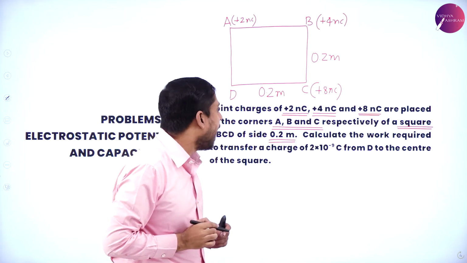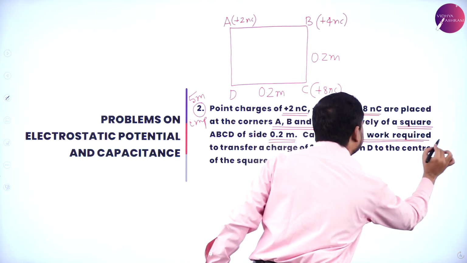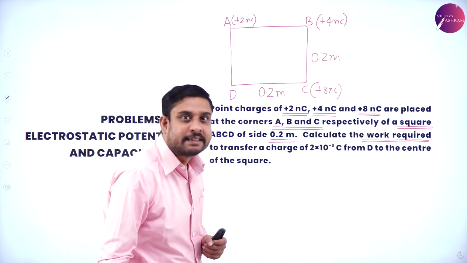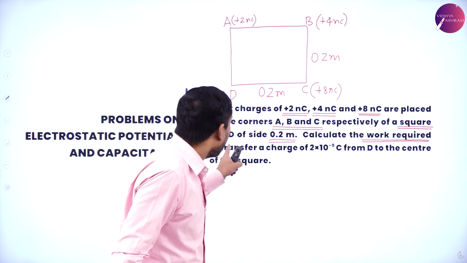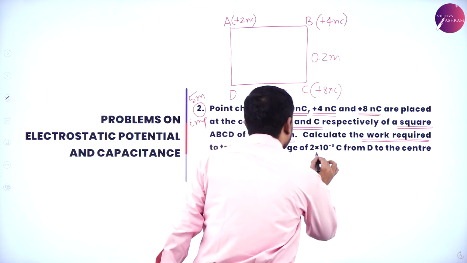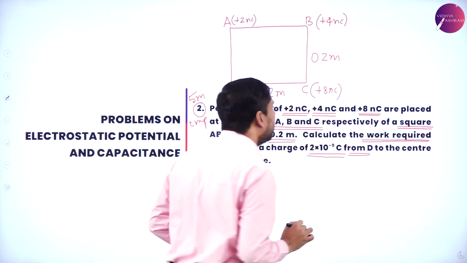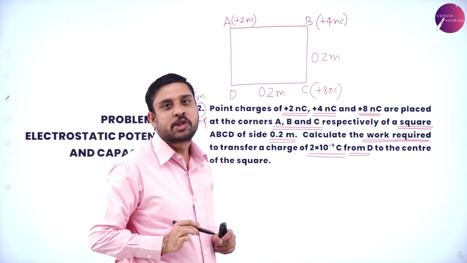I have to calculate the work required, work done, to move or transfer a charge of 2 nanocoulomb from D to the center of the square.